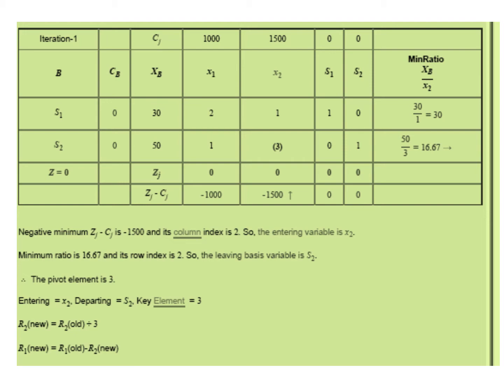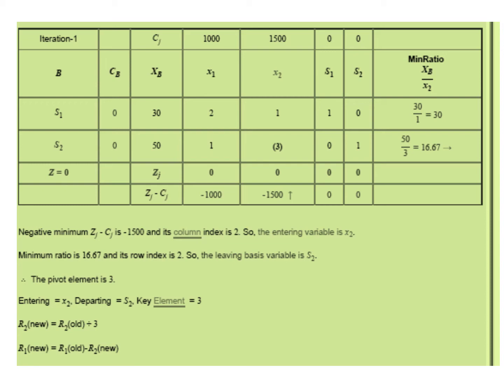Obviously, if x1 and x2 are both 0, then if you look at the constraint, you will notice that S1 and S2 take on the values 30 and 50. Corresponding to S1 and S2, you will notice in the table the values 1, 0, 0, 1, the unit matrix. And in almost every simplex, you will notice that the unit matrix corresponds to the basic variables. This is the first table.